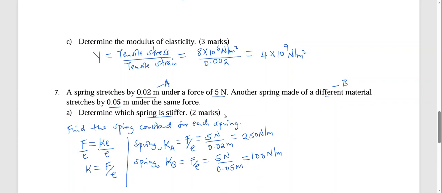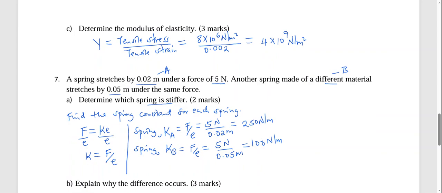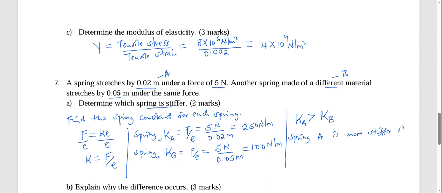Therefore, looking at the two values of these springs, you'll find out that the spring constant for A is greater than the spring constant for B. Therefore, this means that spring A is stiffer than spring B for the same amount of force applied.